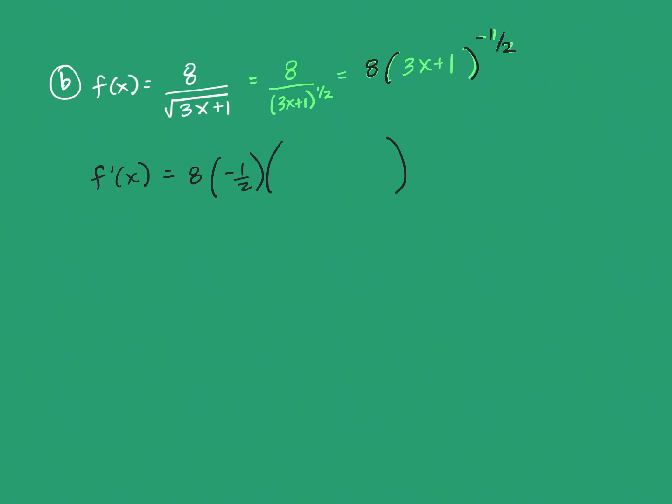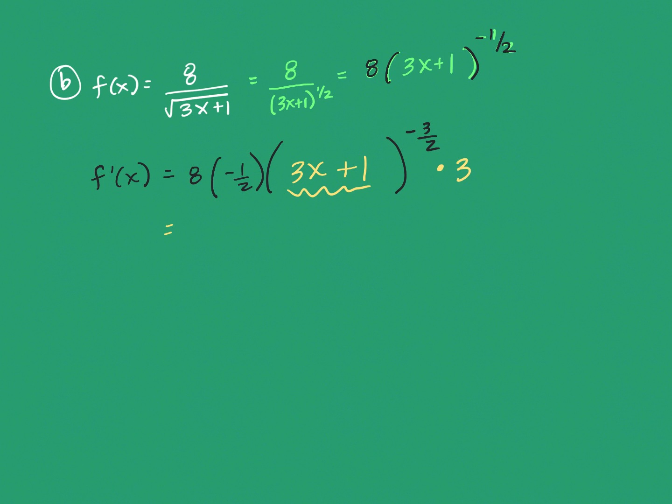So it's exactly what we're going to do here. We're going to have 8 times that negative 1/2 and then raised to the negative 3/2. Again, inside function stays exactly as it was, 3x plus 1. And then I'm going to multiply by the derivative of the inside function, so times 3.